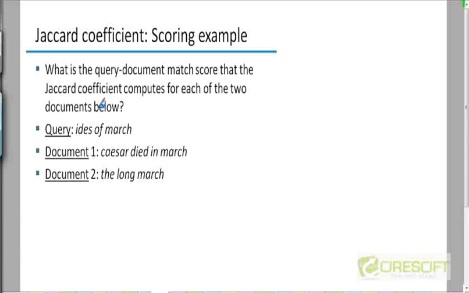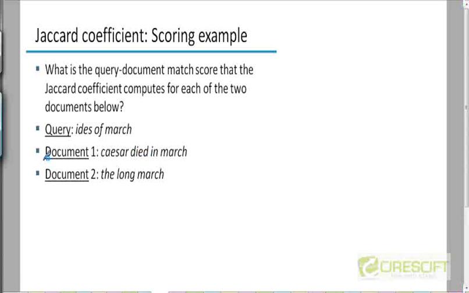So let's take an example to illustrate this. Let's take the example given in the slides. What's the score between the query and the document for this example? Let's say the query is Ides of March. Ides of March stands for the 15th of March, which was the day when Julius Caesar was killed.